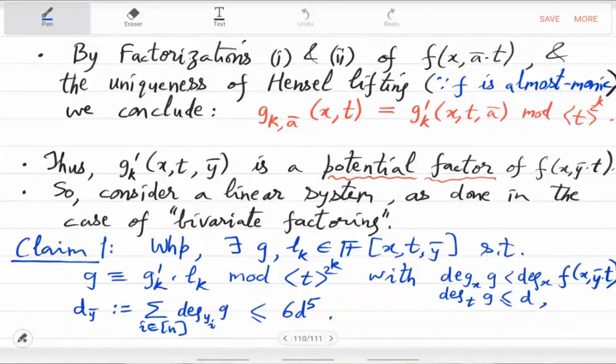So I will be needing it to be between D square and 2D square.